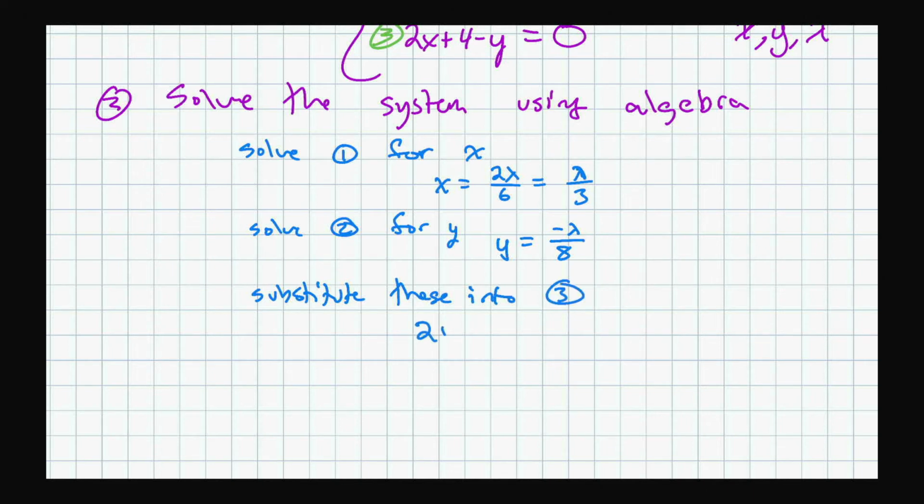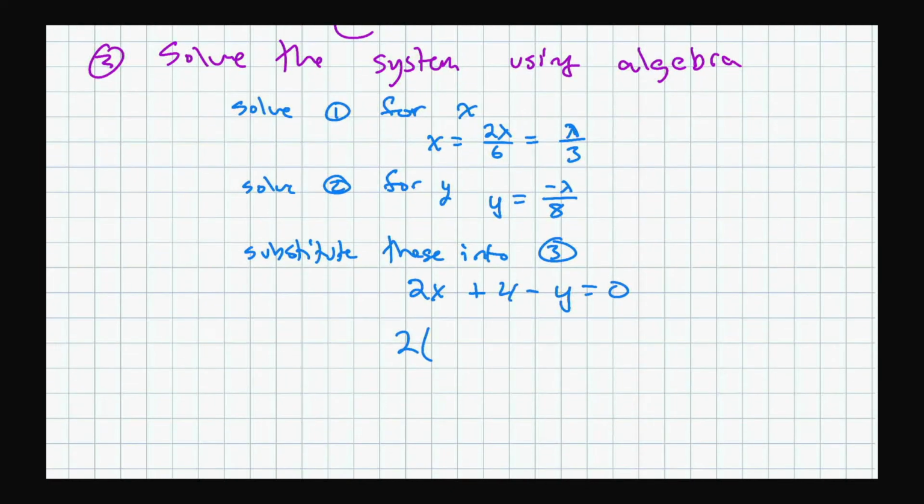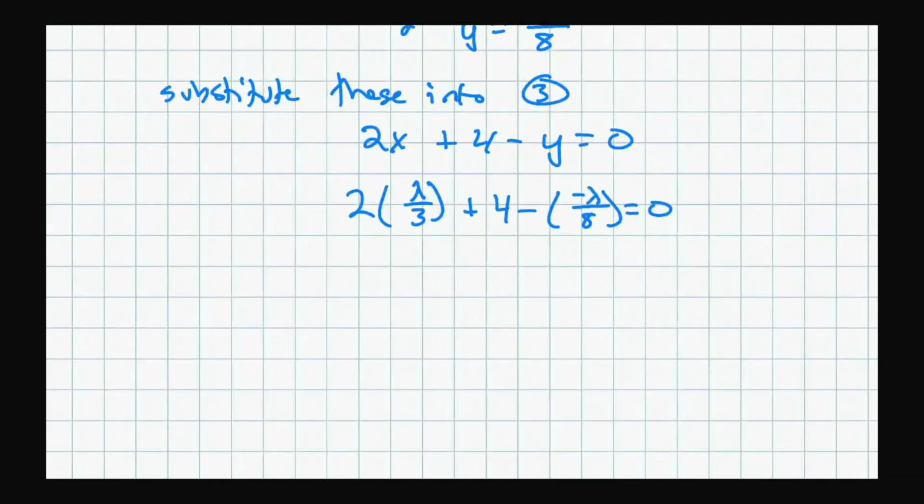So you have 2x plus 4 minus y equals 0. But the x we just found is lambda over 3, and the y we found is negative lambda over 8. So you can work this out and solve for lambda, which is your Lagrange multiplier.